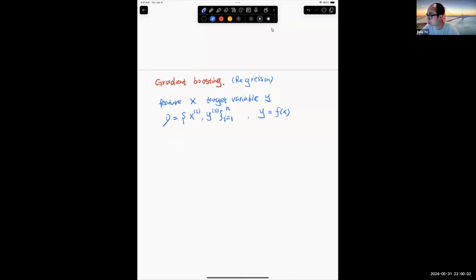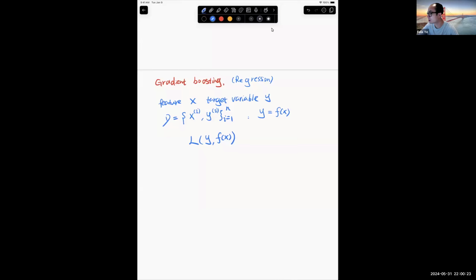So the way that we're going to do it is to create some loss function, with Y as our target and f(x) as our predictions. I want my f(x) to be as close to Y as possible.